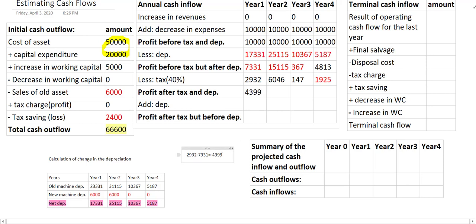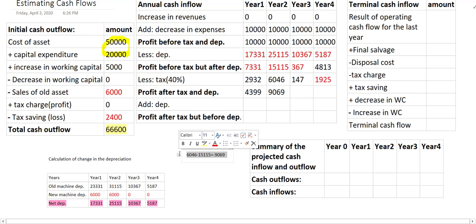This is the amount. For the next year, how can you calculate it? 6,046 minus amount of 15,115, right? Again, we have negative amount equal to 9,069.